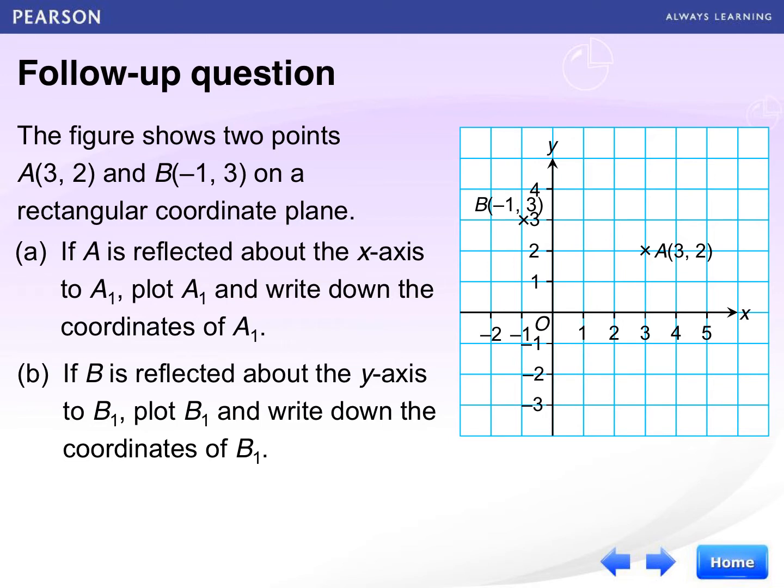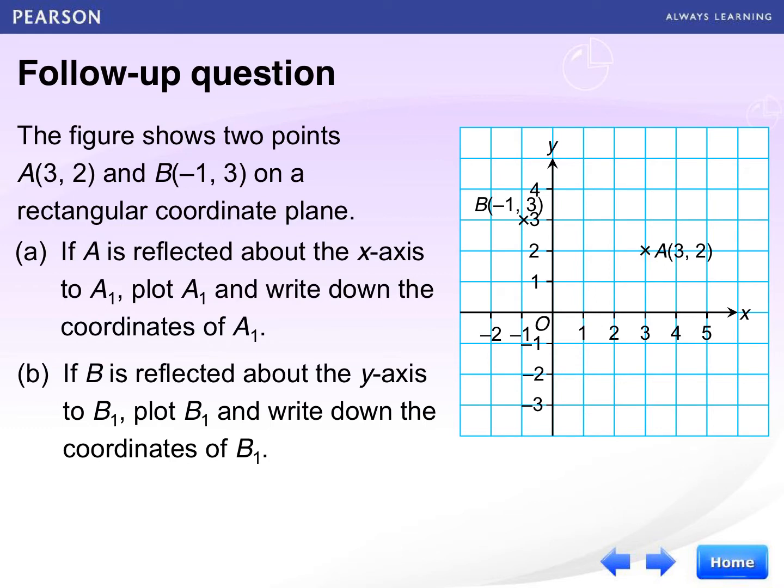Let's look at an example. There are 2 points, A and B, on a rectangular plane. In part A, A is reflected about the x-axis to A1, and we have to plot A1 and write down the coordinates of A1. The distance between A and the x-axis and the distance between A1 and the x-axis are the same.